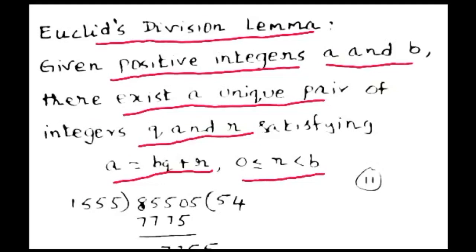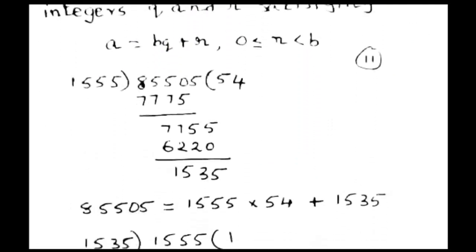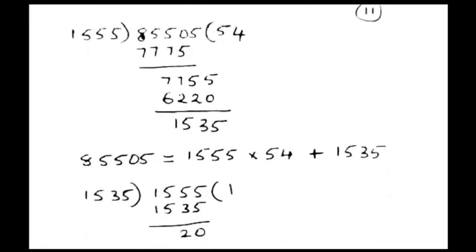Now, in the first step, we divide the larger number by the smaller number. Smaller number is 1555, larger number is 85505. When the larger number is divided by the smaller number, we got quotient 54 and remainder 1535.